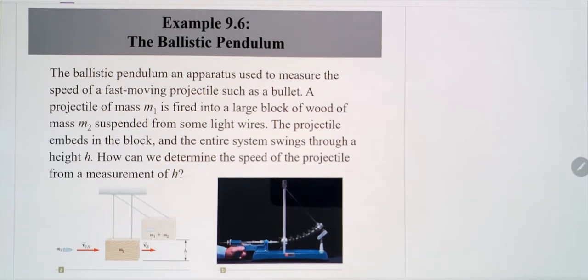So this situation is a practical situation. It is used in real life. If you search the net, you will find that each gun or each rifle is rated.